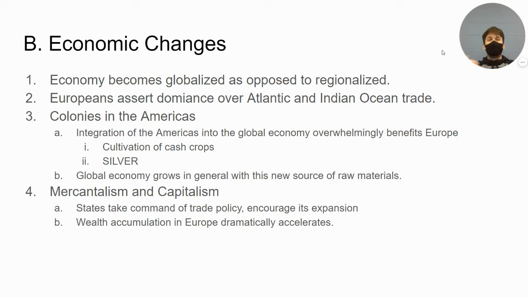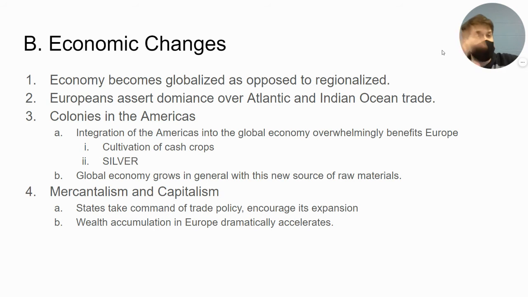And until 1450, Europe had been much of an economic backwater. It was the terminus of these trade routes in Unit 1, in Period 1. But the discovery of the Americas and the integration of Europeans into Indian Ocean trade meant that wealth accumulation in Europe increases dramatically, which leads to a redistribution of wealth throughout the world that's trending towards Europe.